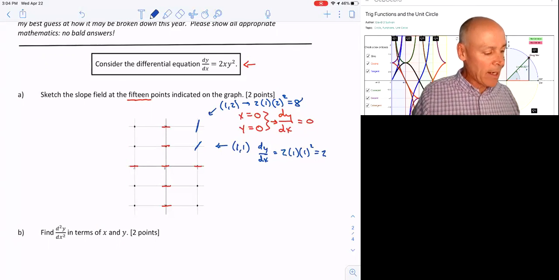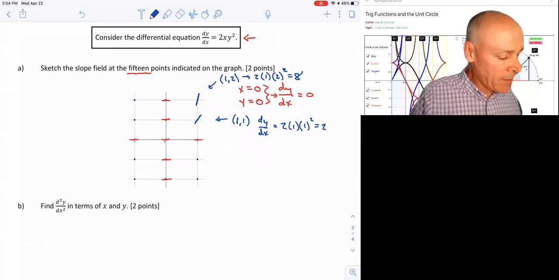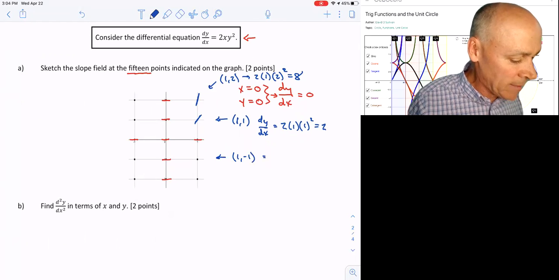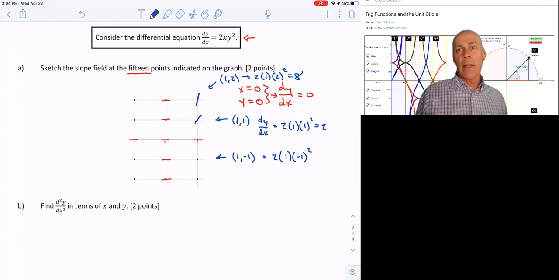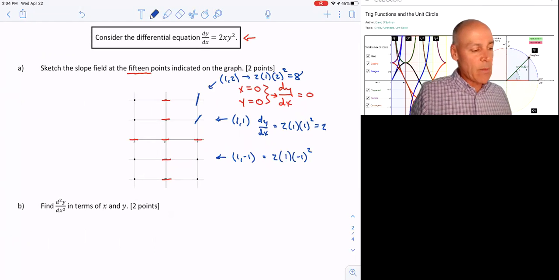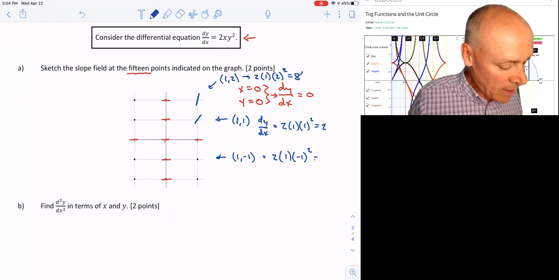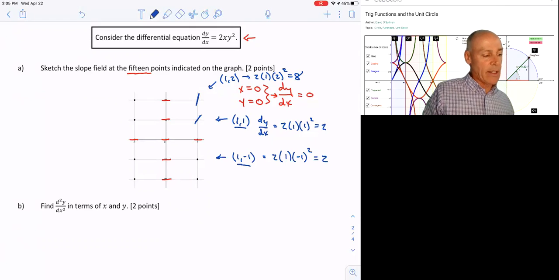All right, if I drop down below the x-axis into quadrant 4, think about it. Look at this point right here, coordinates 1, negative 1. Drop that in, I'm going to get 2 times 1 times negative 1 squared. Since I'm squaring that y-coordinate, I'm going to get the same result as when that y-coordinate was positive. So similar to the point 1, 1, at this point down here I'm also going to have a tangent line with a slope of 2.